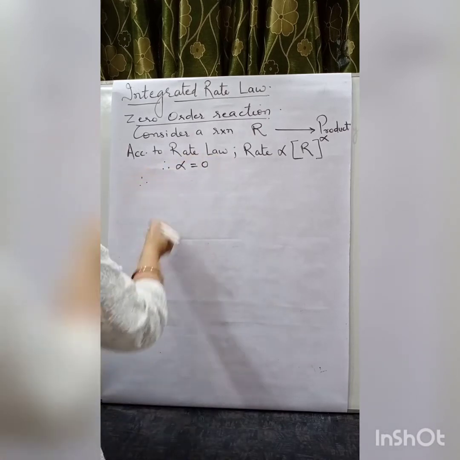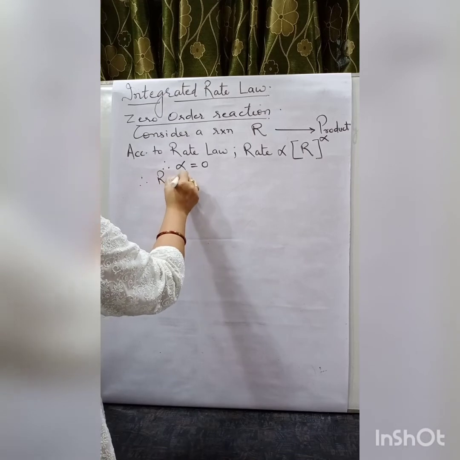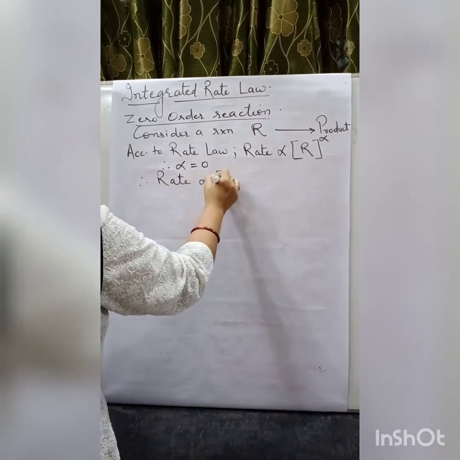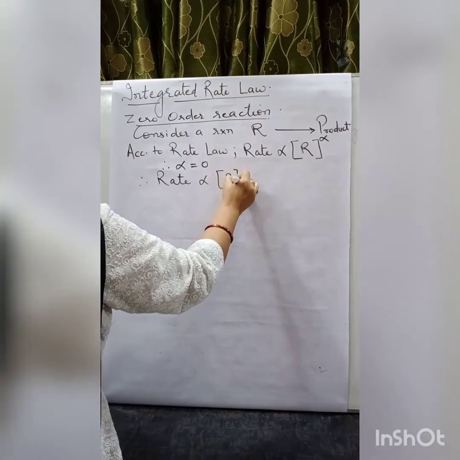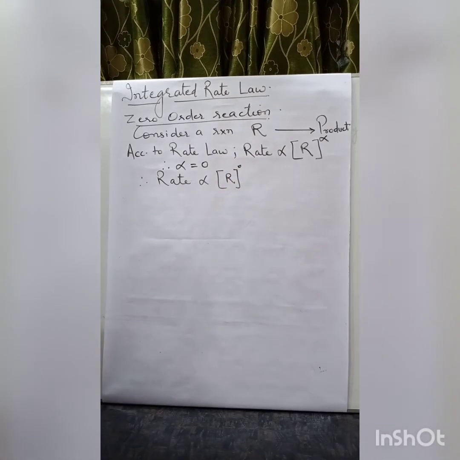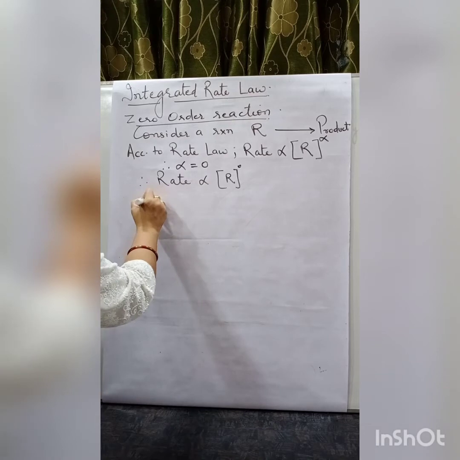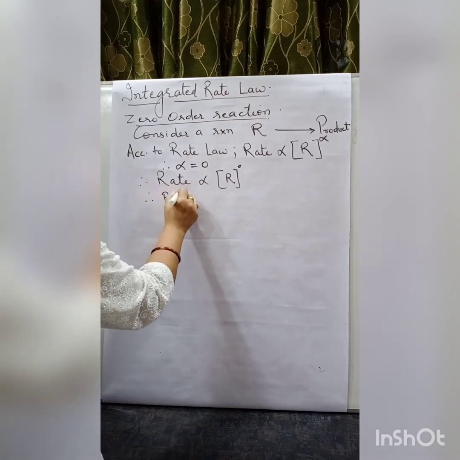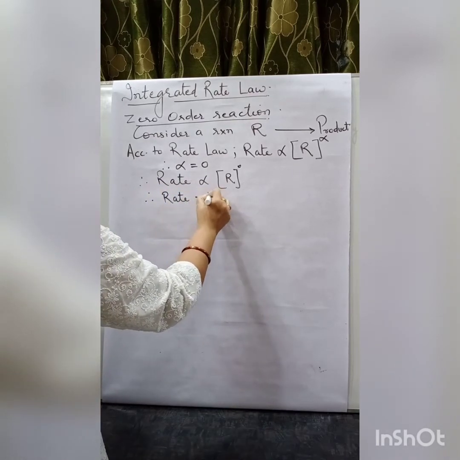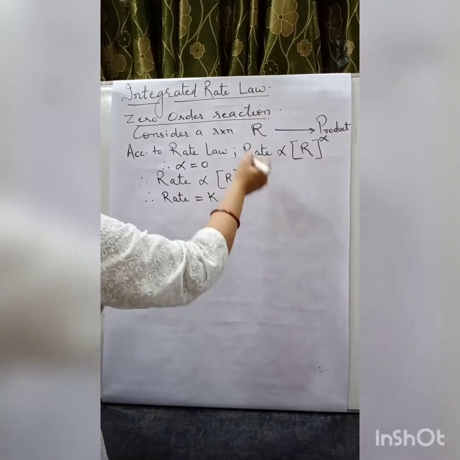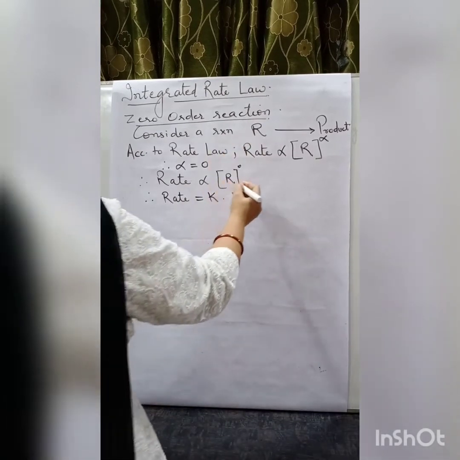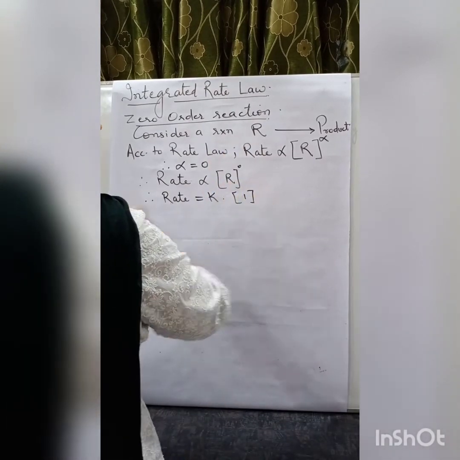So the above equation becomes rate proportional to R raised to power 0. Remove the proportionality sign. Therefore rate is equal to K, since anything raised to power 0 is 1.